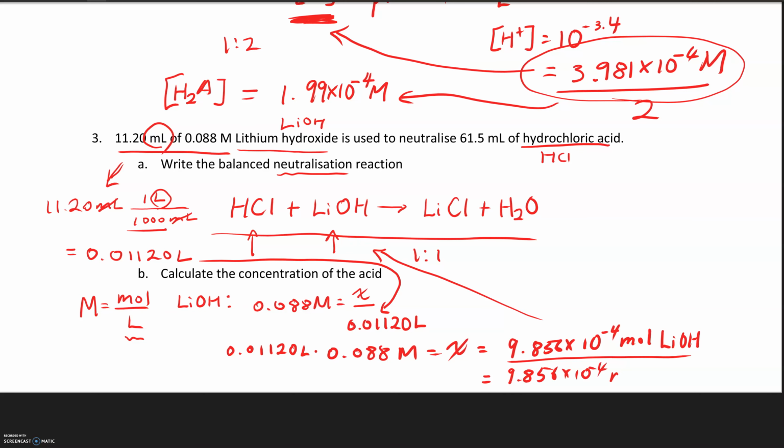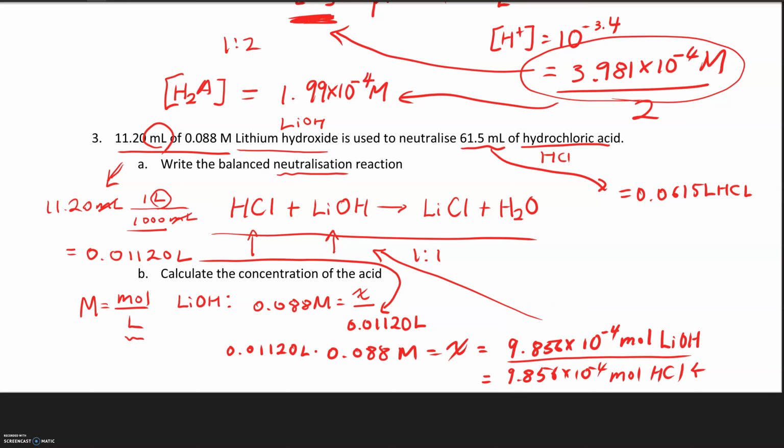Now, if we know the amount of moles of HCl and we know the volume, which we also have to convert from milliliters to liters, that should end up as 0.0615 liters of HCl.